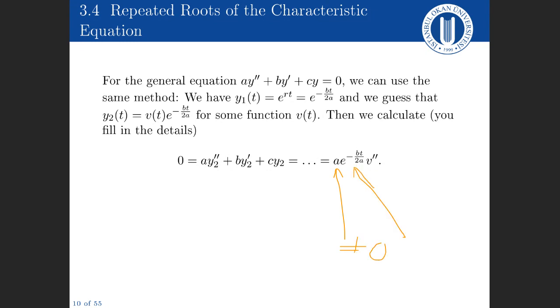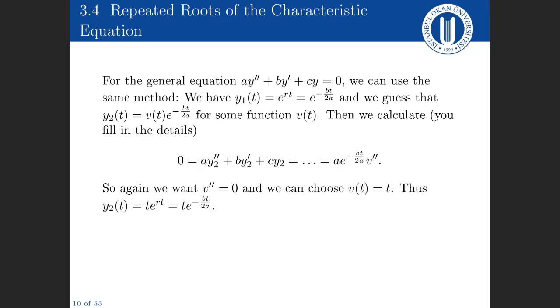An exponential function is always not equal to 0. So we must have that v double prime is equal to 0 again. So just as before, we could choose v(t) equal to t, and our second solution is then t multiplied by y1, or in this case, t multiplied by e to the power minus bt over 2a.